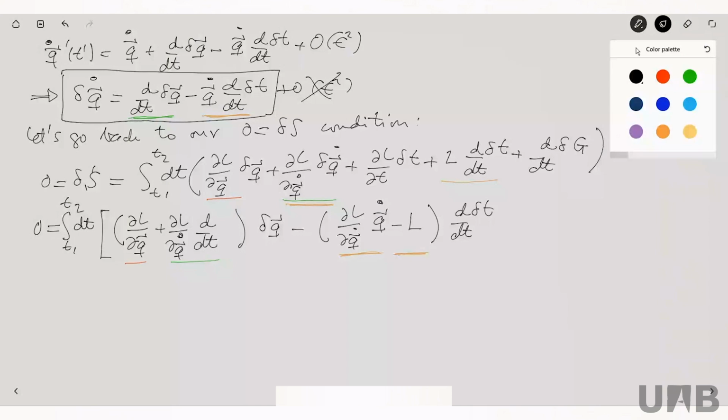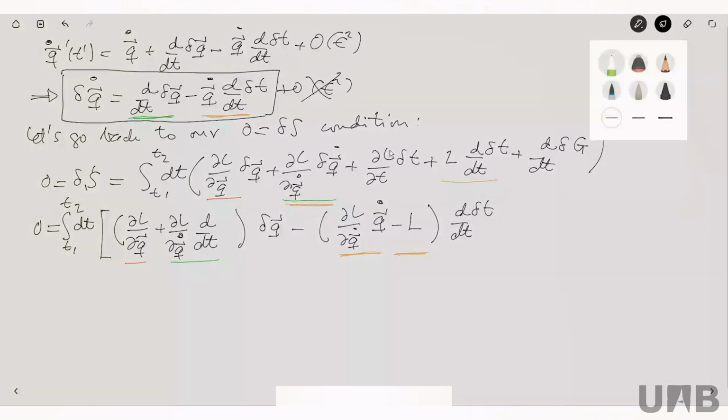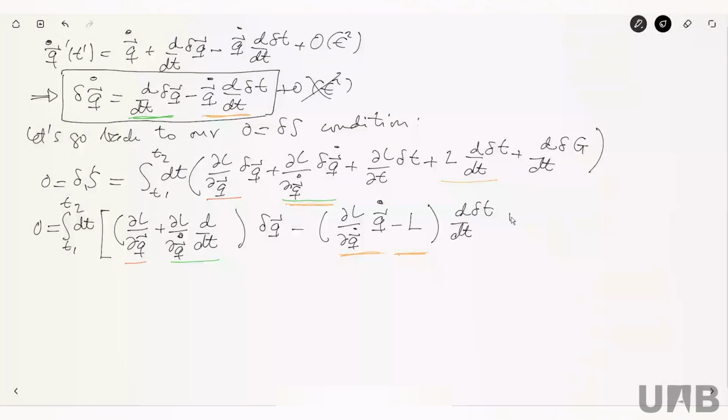Now, what else? Okay, so let me just see. Now we have dL/dt delta t, so I have to add this guy, dL/dt delta t, and I have the derivative with respect to t of delta g. All right, and now I close the parentheses. Okay, so this and this is this and this. So that part is easy. Okay, so all I did so far is expressing delta q dot with these two terms. One goes here and the other goes there. Agreed?